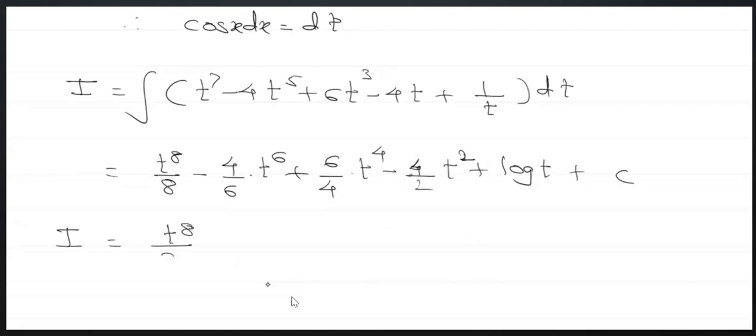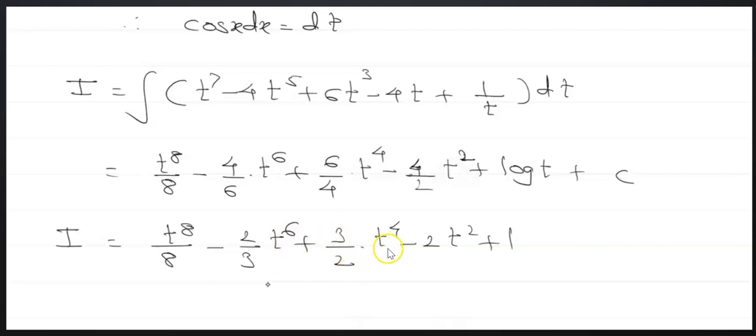Now substitute the value of t, then after simplification: t raised to 8 upon 8 minus 2 upon 3 t raised to 6 plus 3 upon 2 t raised to 4 minus 2 t square plus log of t plus c.